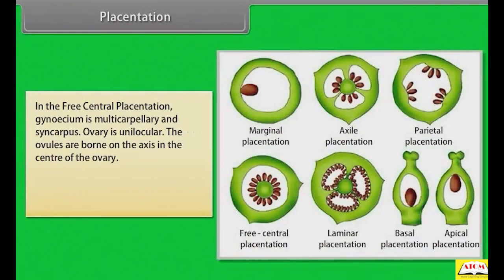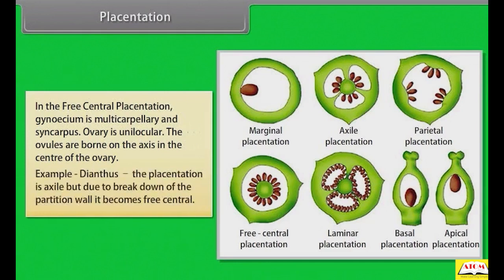In the free central placentation, gynoecium is multicarpellary and syncarpous. Ovary is unilocular. The ovules are borne on the axis in the center of the ovary. Example: Dianthus. The placentation is axile, but due to breakdown of the partition wall, it becomes free central.